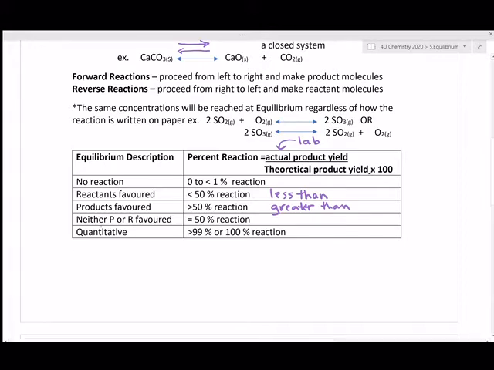Now, a quantitative reaction where you're having 99 to 100% reaction, this is like what we basically thought everything did back in grade 9, 10, and 11. So kind of like a grade 11 assumption when we would do stoichiometry calculations, we just always assumed that the reaction was going all the way to the end.